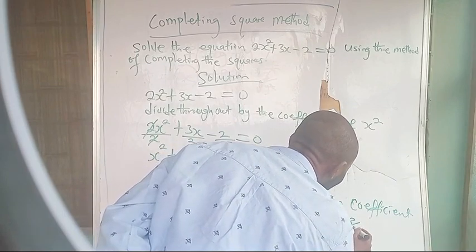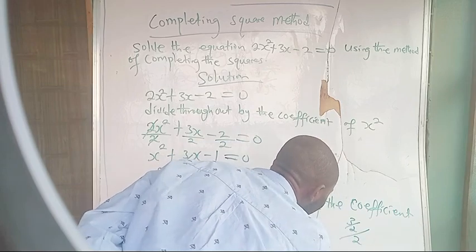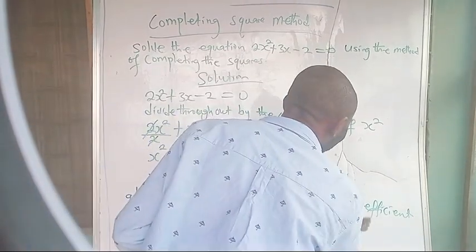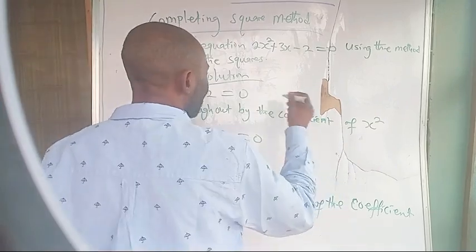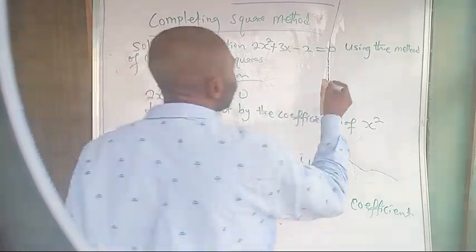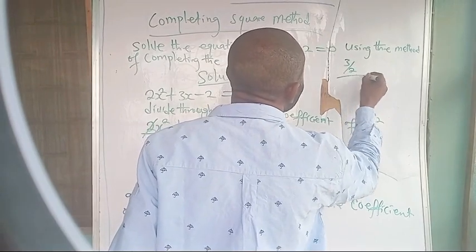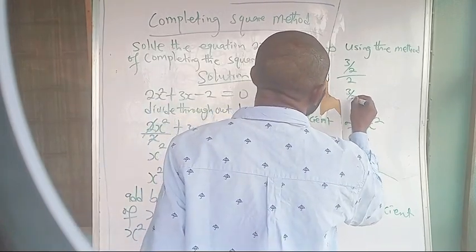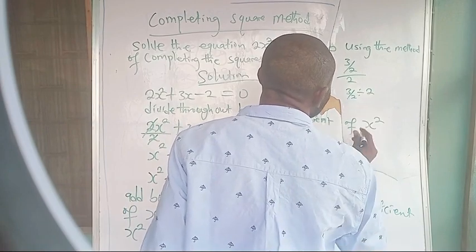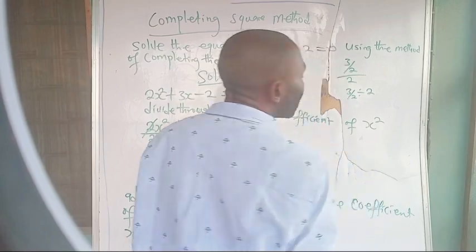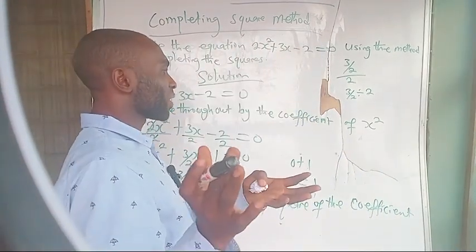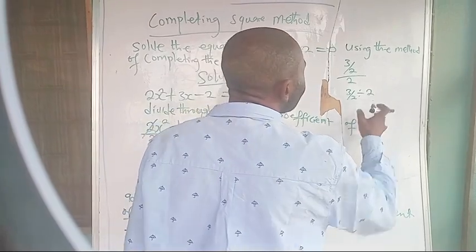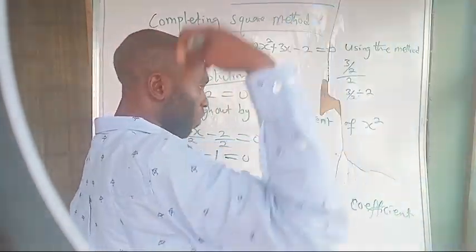So 3 all over 2 divided by 2. Let me do it up so that you see it very well. This is the same thing as, you now use the reciprocal, that is, you change the division sign to a multiplication sign, and you turn the right hand side upside down.